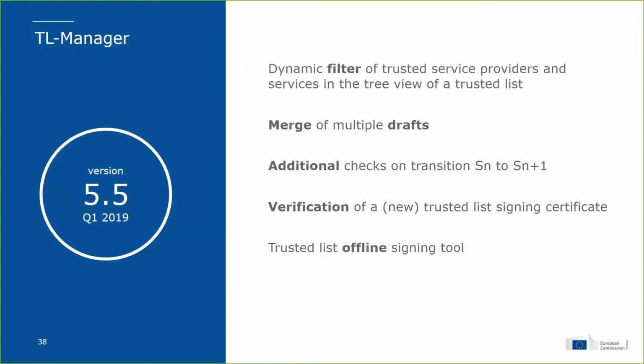We implemented additional checks on transition from one version of a trusted list to the next one. Actually, in a few words, we could qualify TLCC as stateless in the sense that TLCC is checking the compliance of one trusted list against the standard.